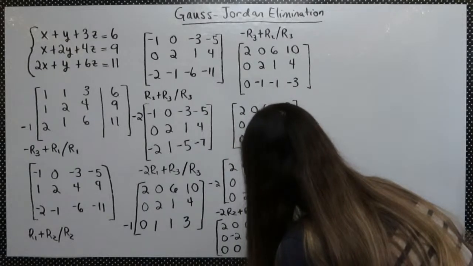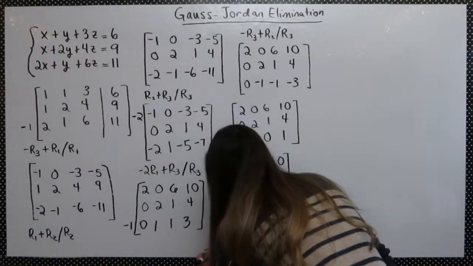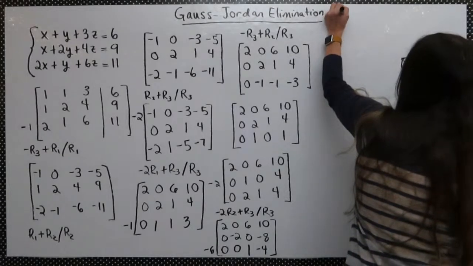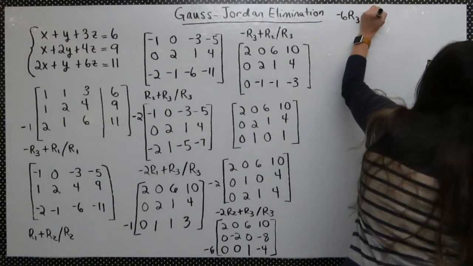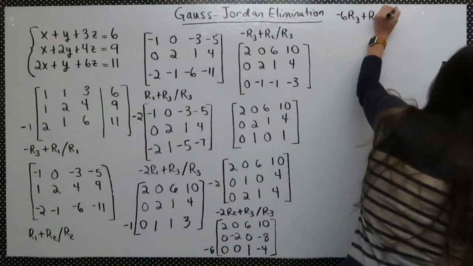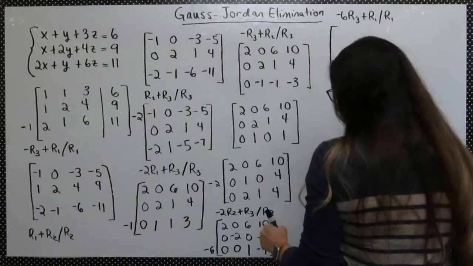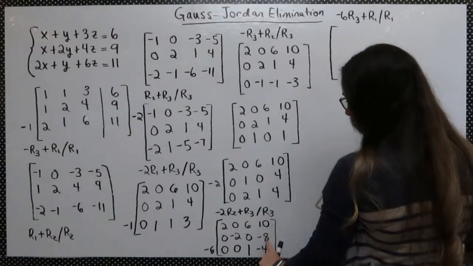So what I'm going to do is multiply row 3 by 6. So I'll say -6 row 3 plus row 1, replace row 1. Let's see if that works. We're not going to write in row 1 because we're going to replace that one.